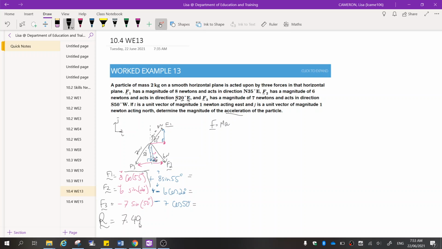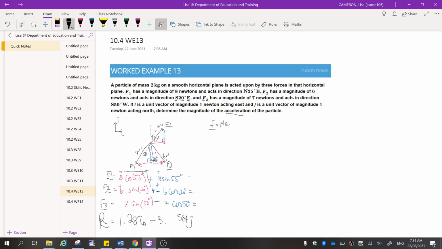And when I put that through correctly, that is going to be 1.28 newton force in the i direction. And my j, now when I punch all of that into the calculator, I'm going to get negative 3.584 in the j direction. Okay, so this is the vector that I've got.